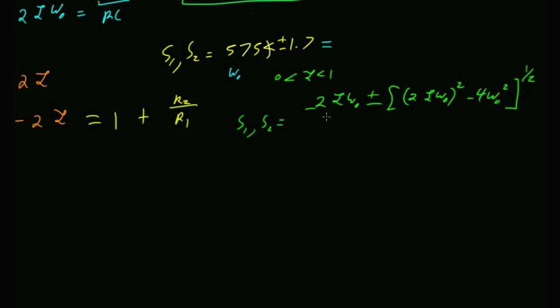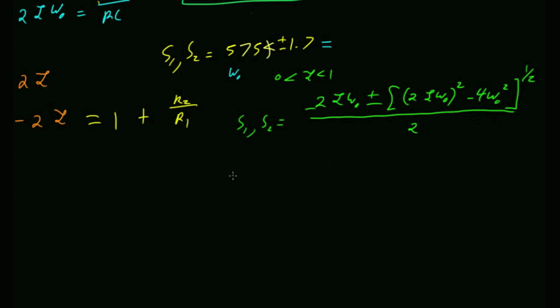I think we've done this at some point. It's going to simplify nicely. In order for this to be complex, which we're expecting it is, that means that the 4 omega naught squared has to be bigger than that term. So if I do that, first of all, the 4 comes out as a 2, and the 2 and 2 cancel.